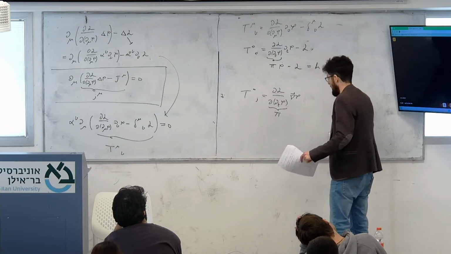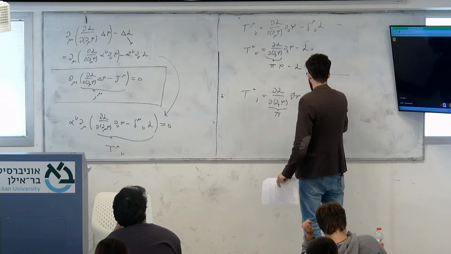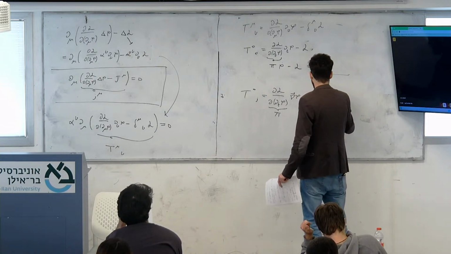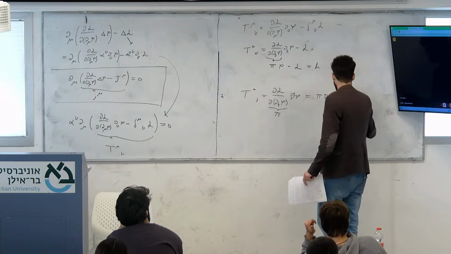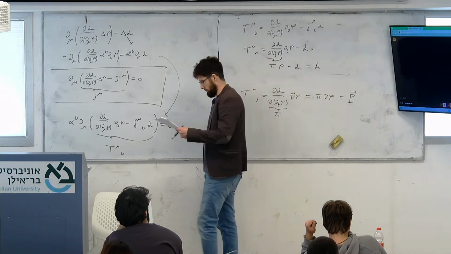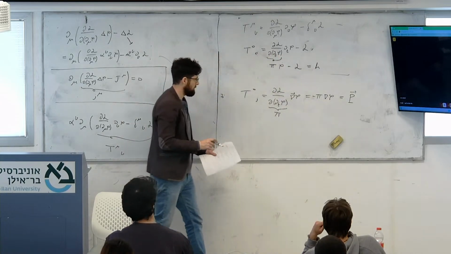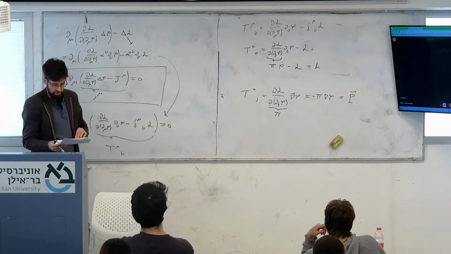It's basically just that. Okay, and if we look at that, that gives us π times grad φ. This is going to be our total momentum. Maybe there's a minus sign, I don't know. Don't catch me with a minus sign.